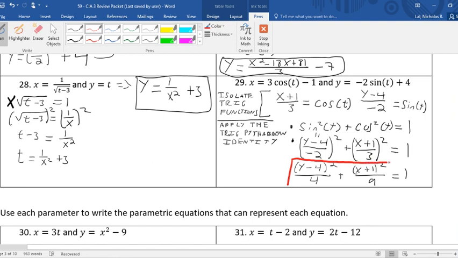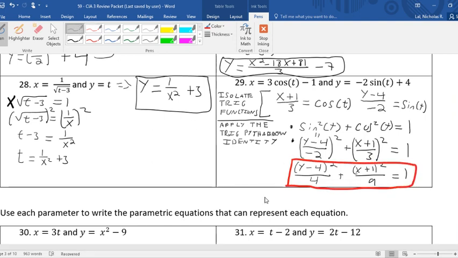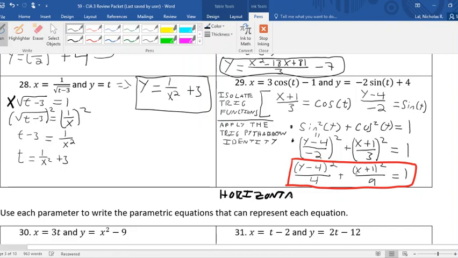This is actually the parametric form of a horizontal ellipse with center at negative 1, positive 4.